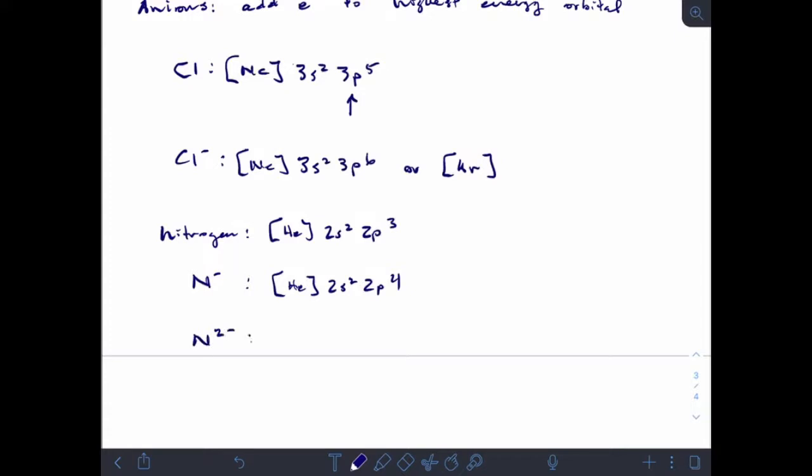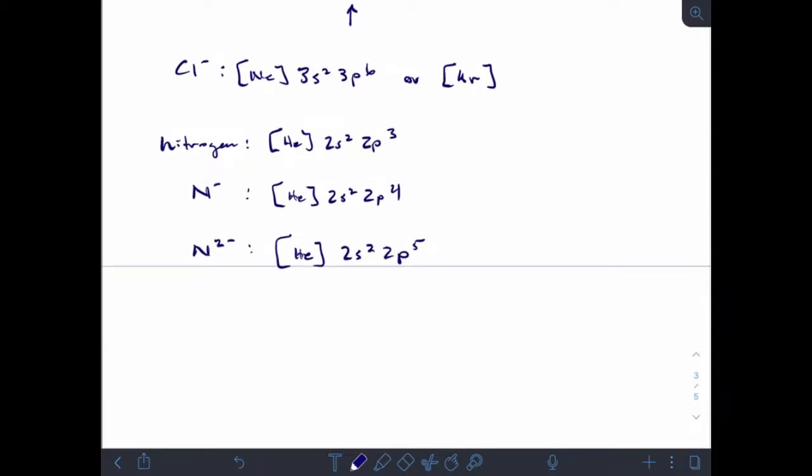N 2 minus is 2s2, 2p5. Why do I keep writing the wrong number? Right, and we know that nitrogen normally forms a 3 minus ion. So when I get to 3 minus, I'm at 2p6, which is the same as neon.